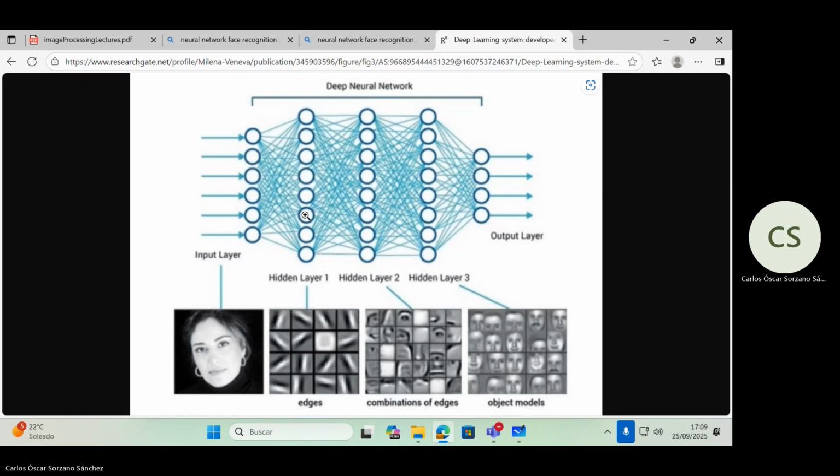So somehow this is an artificial neural network, but it has the same kind of effects as we have in the brain. This artificial neural network, we will not see how it is constructed, but somehow it receives an image and does some processing, and then this processing propagates through different layers.